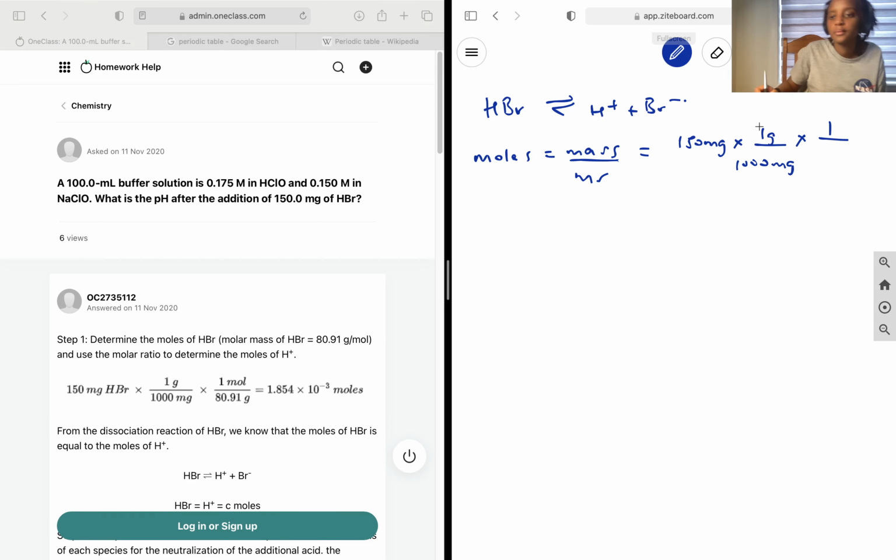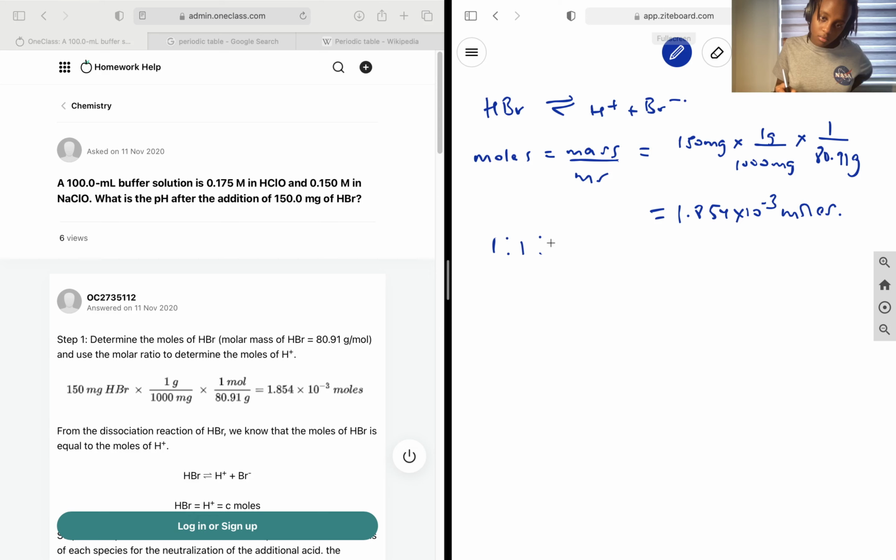Let's just erase this line. And that's going to be 80.91 grams. And this gives us a final answer of 1.854 times 10 to the negative 3 moles. Because the ratio is 1 to 1 to 1, we have the same amount of moles of H plus.